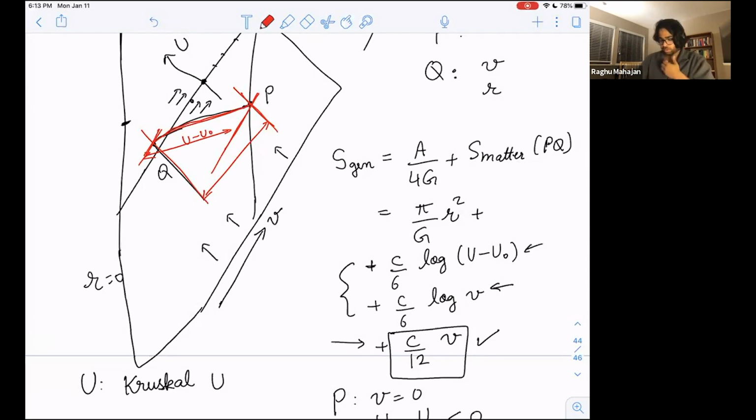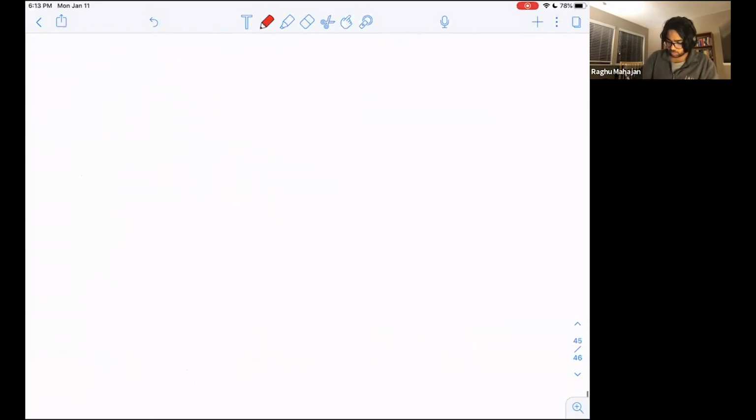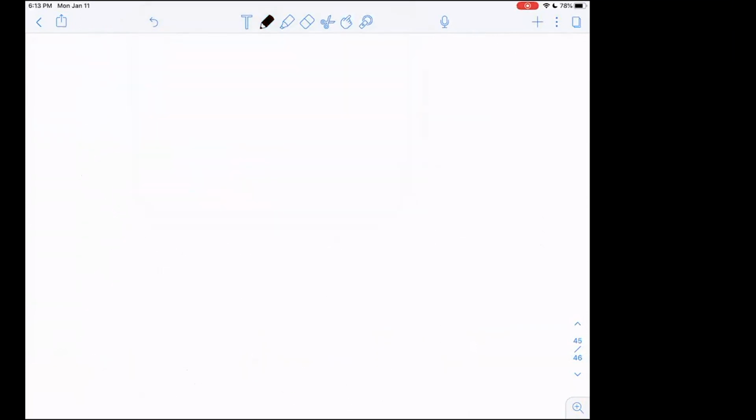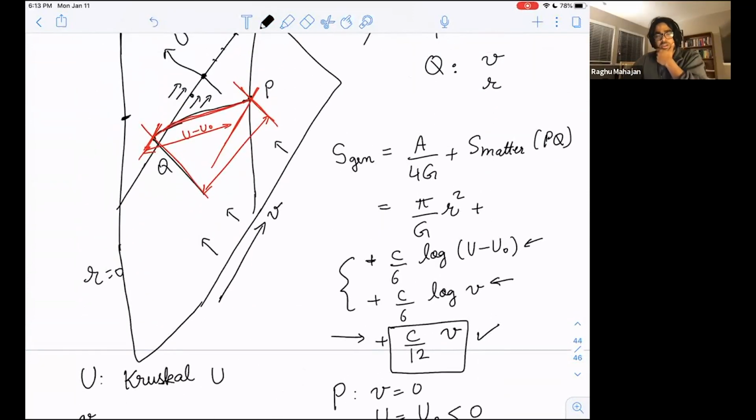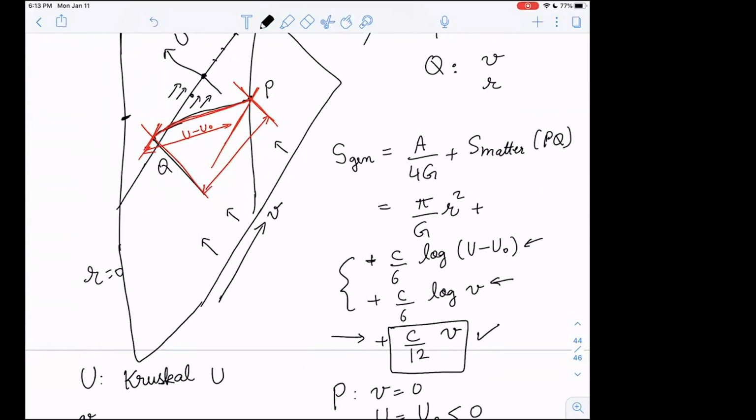Was that clear? Maybe I should draw this diagram again. Well, that means what I was saying is not correct. Sorry? It's the entropy of a line segment. Isn't that what you said? I said that, but that should just be C/6 log times delta of the line segment. But why are there two of them? That's the question, right?